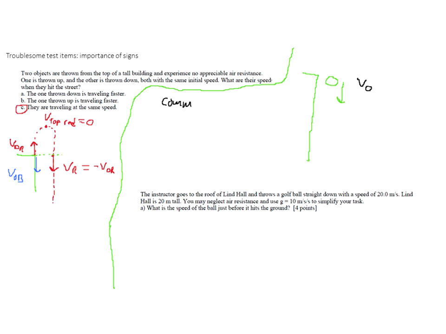So what a lot of people did, I shouldn't say a lot, but this confused some people, I know, and I think some of them started with this and then eventually went on to something else. So people said, okay, we know V squared equals V initial squared plus 2AY delta Y. Well, AY equals negative G.